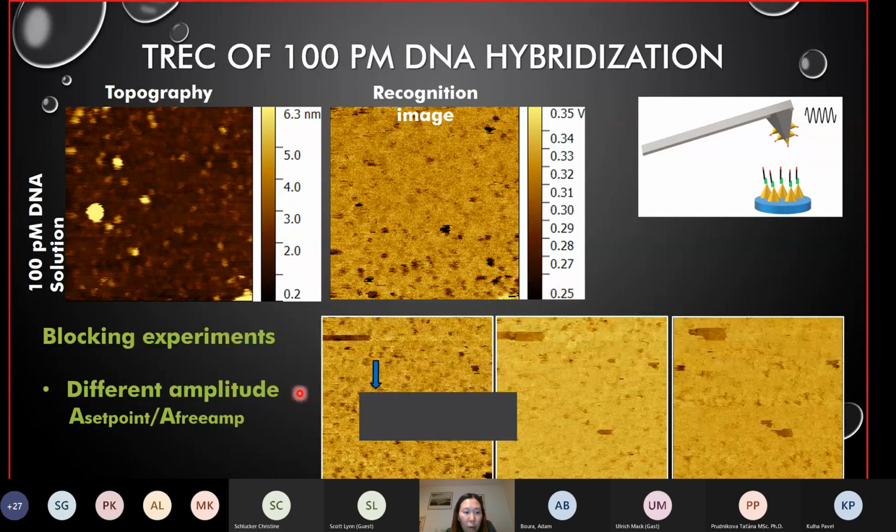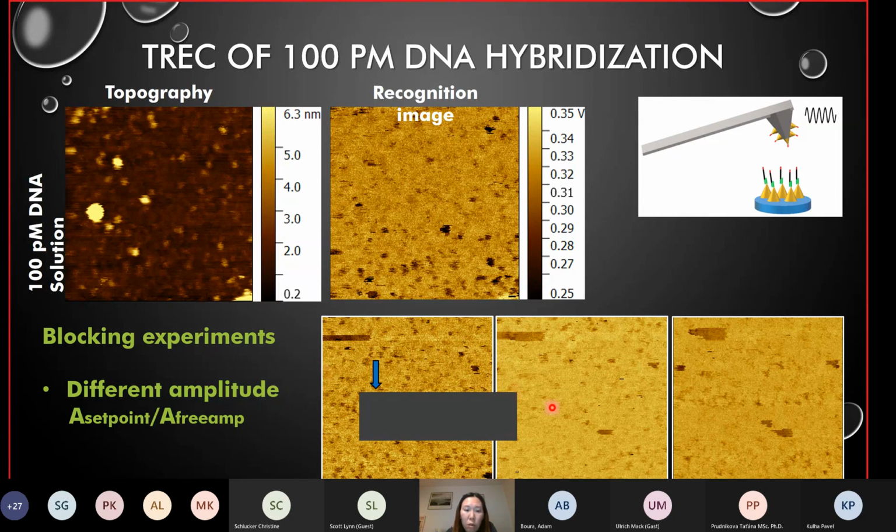And we also performed the blocking experiment. As I said, this interaction, the up-down stroke, is due to the interaction between two molecules. So if we change the amplitude, it influences our recognition image a lot.